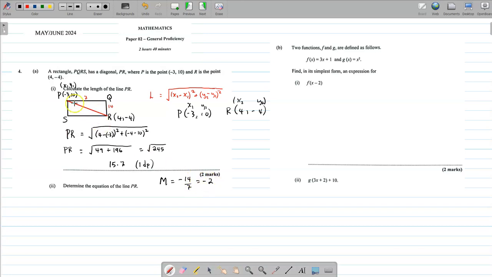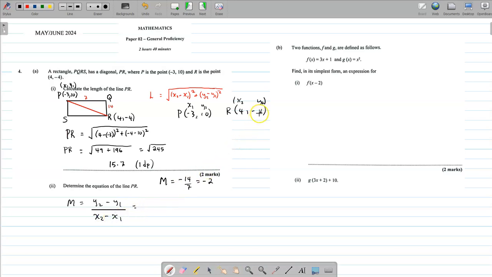If you couldn't figure this out from the diagram, you can use the formula m is equal to y2 minus y1 over x2 minus x1, and you should get the same value.